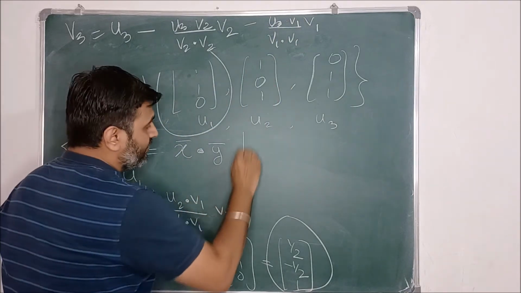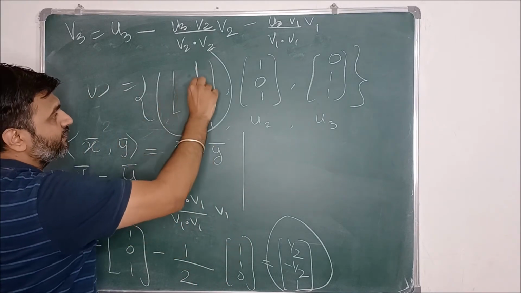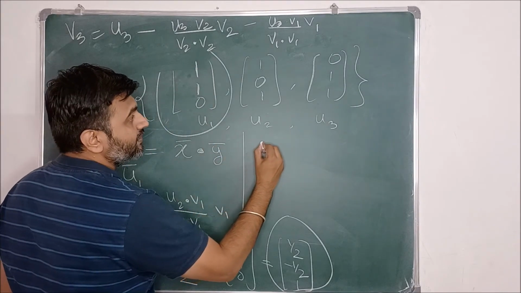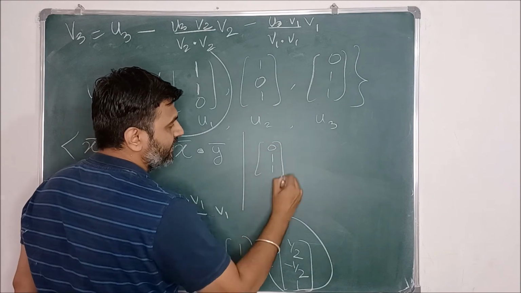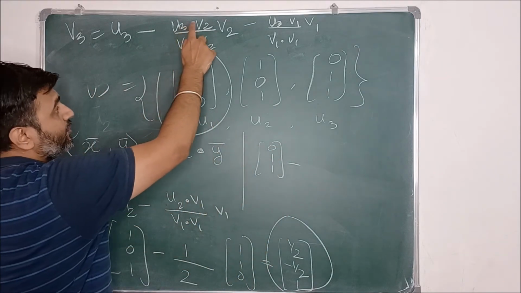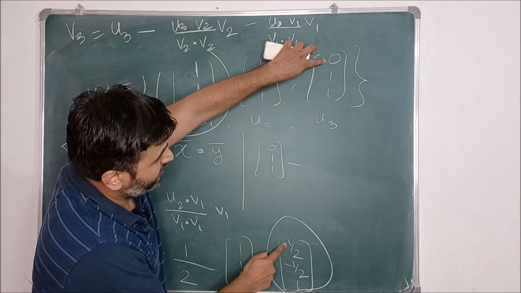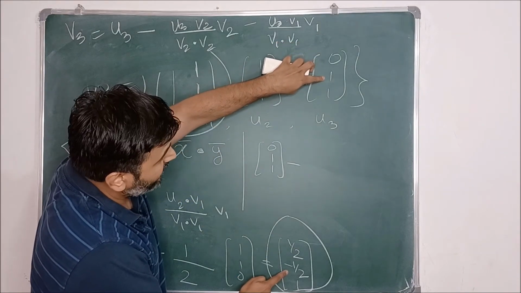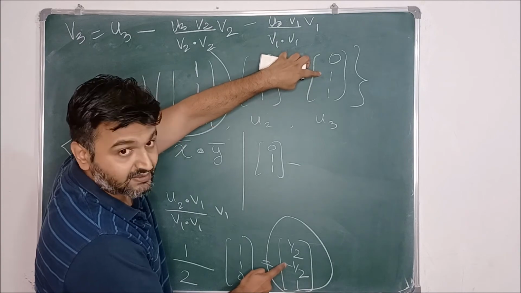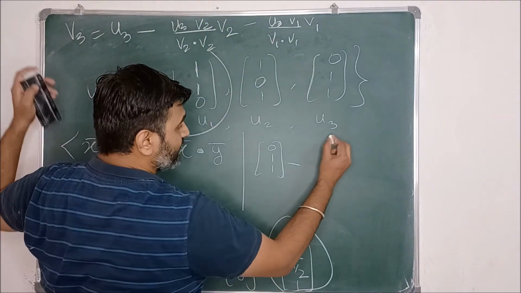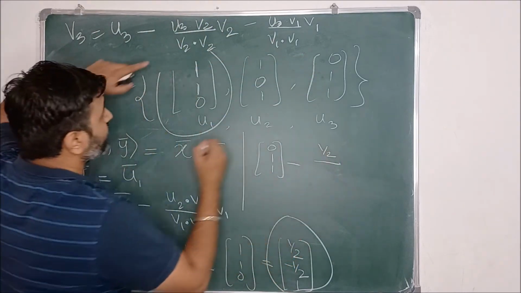Okay, now here I will need this. This was 1 1 0. What is my u3? u3 is 0 1 1 minus u3 dot v2. So 0 minus half and 1. So 1 into minus half is minus half, so this is half only, upon v2 dot v2.